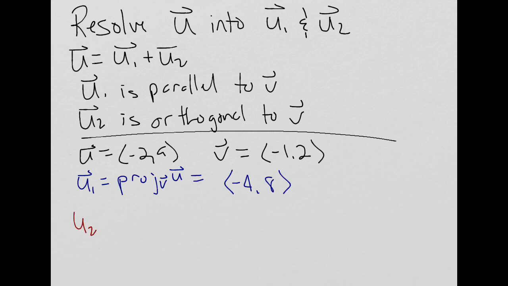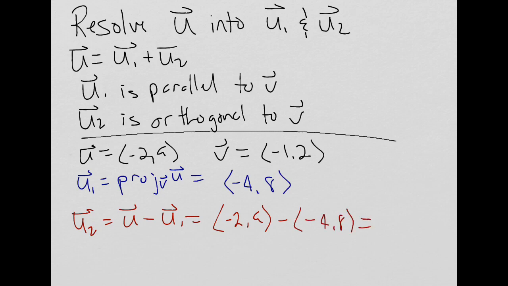So u2 equals u minus u1, so negative 2, 9, minus negative 4, 8, I get 2, 1. And you can verify with the dot product that 2, 1 and negative 1, 2 are actually orthogonal to each other. So that takes us through the end of 9.2.